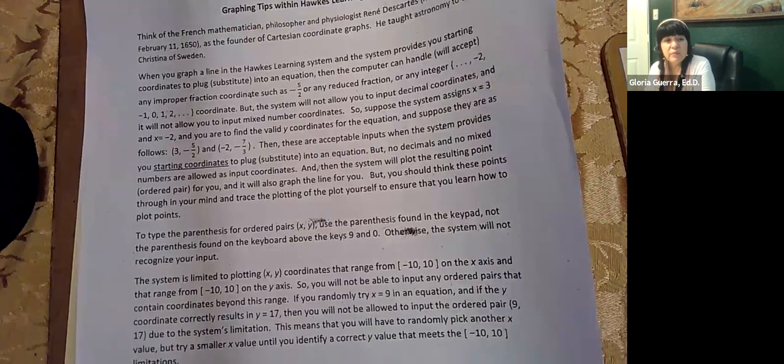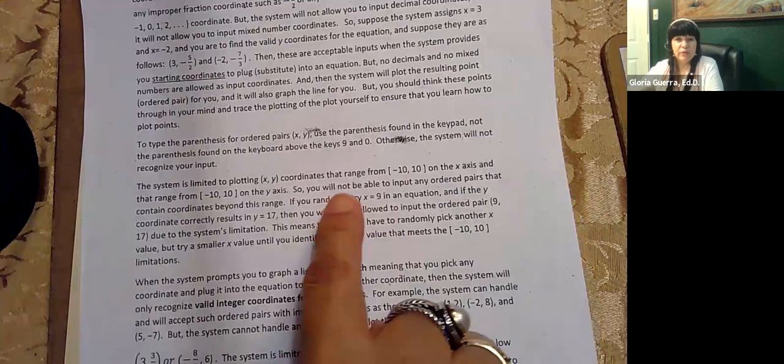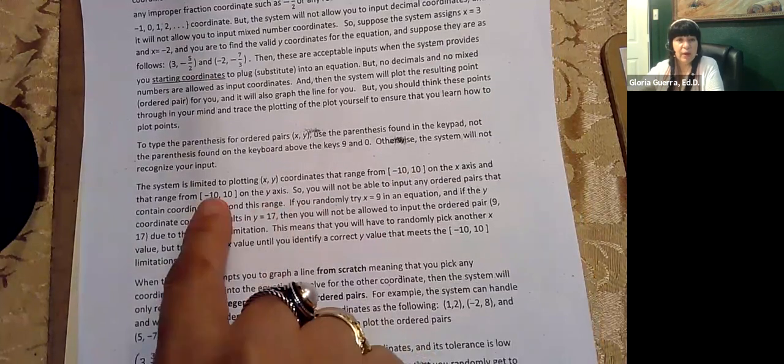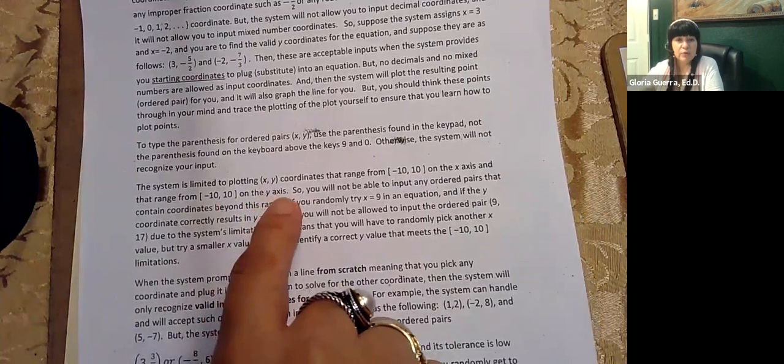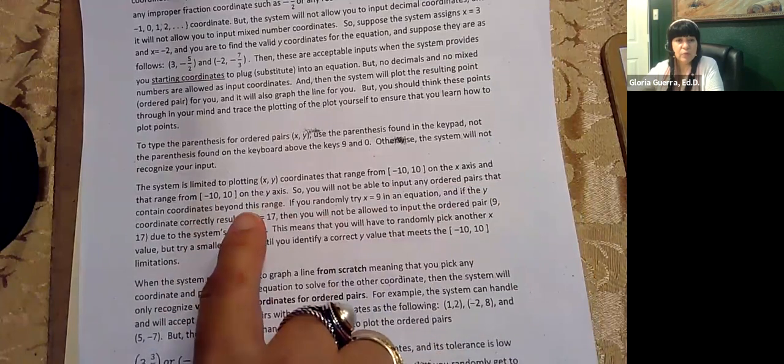And the system is limited to plotting xy coordinates that range from -10 to 10 on the x-axis and from -10 to 10 on the y-axis. So you will not be able to input any ordered pairs that contain coordinates beyond this range.